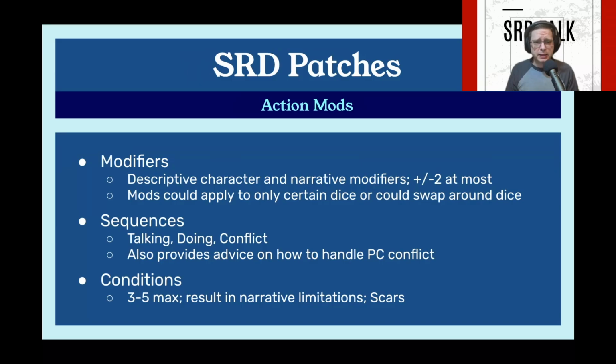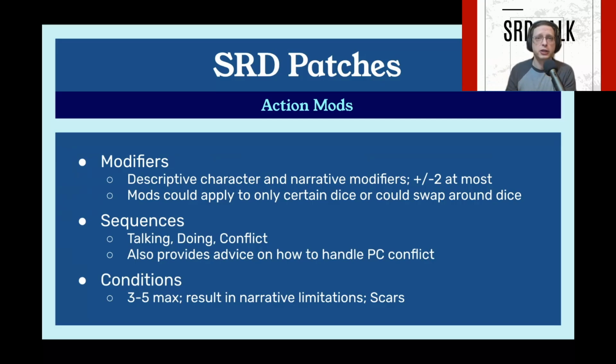Sequences are basically a description of how you decide to run things whenever your characters need to be taking turns inside of a scene themselves. The way they suggest doing it would be like, okay, every character during their turn has the ability to do a talking action, a doing action, and a conflict action.